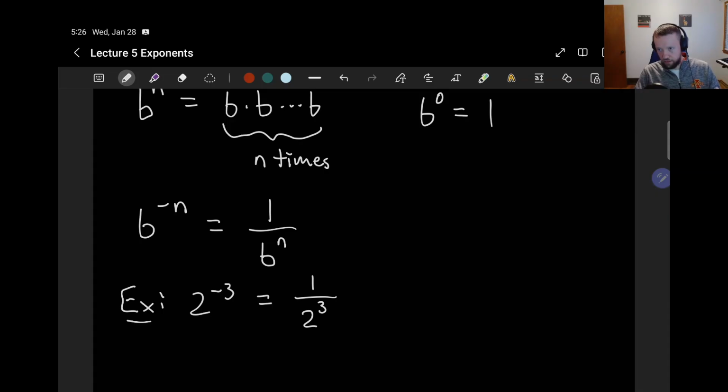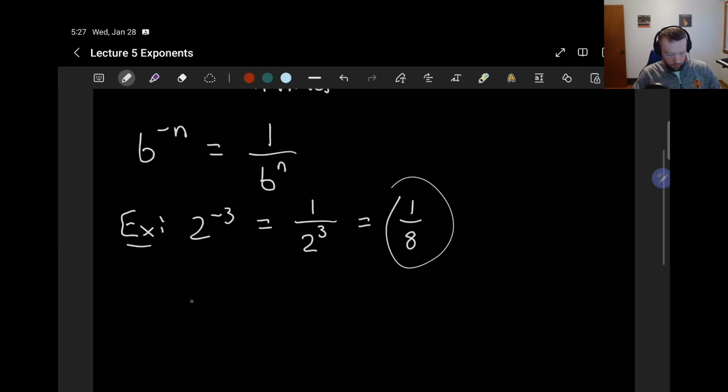So that we have a 2 to the third in the denominator. So our answer is 1/8, and that's a positive number. Also, real quick, 6 to the 0 is 1. Any number to the 0 power is 1.